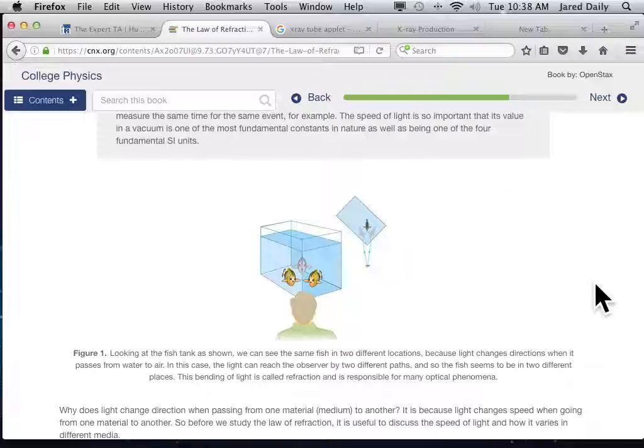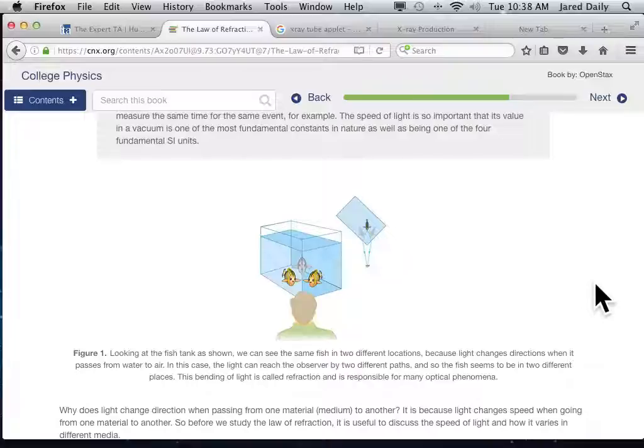So as this light ray comes in and encounters, let's say that this is the edge of my fish tank, the right side of the ray hits it first. And it's going to slow down. And the left side is going to increase in speed, or it's going to stay going at the same speed. So it's going to turn this way, right? Until this one hits the fish tank, and then it's going to slow down, and then I'll be going this way instead of that. It turns, right?